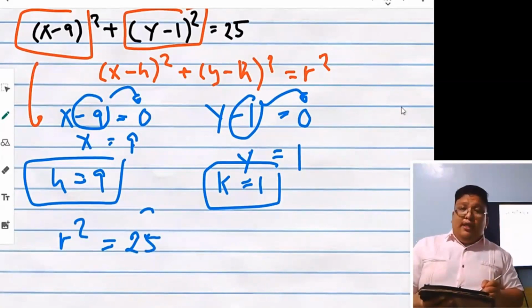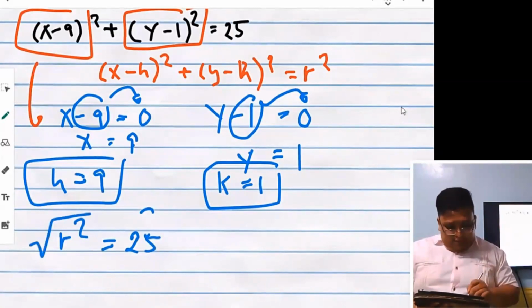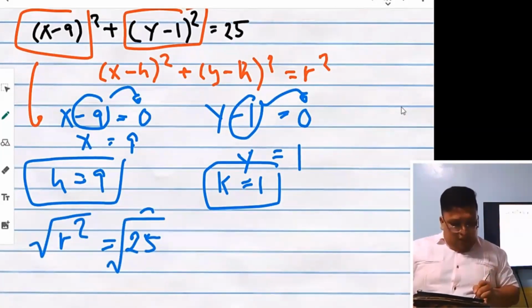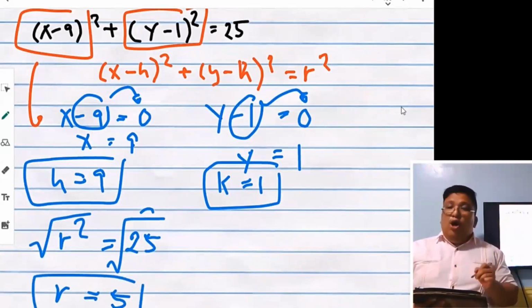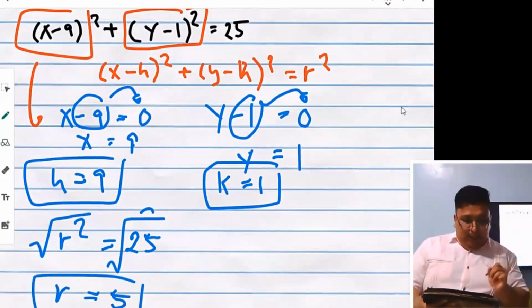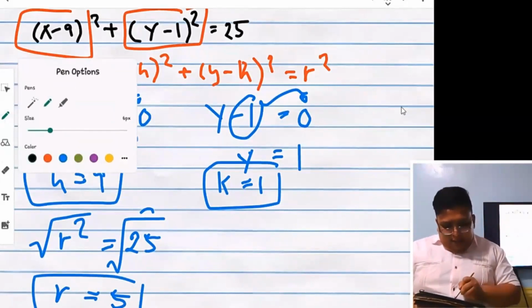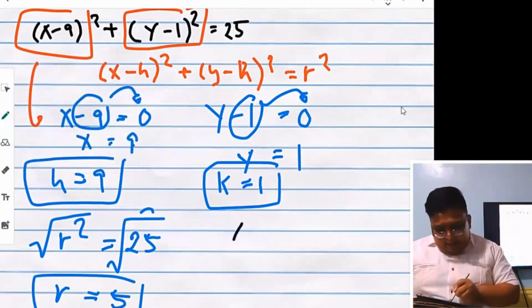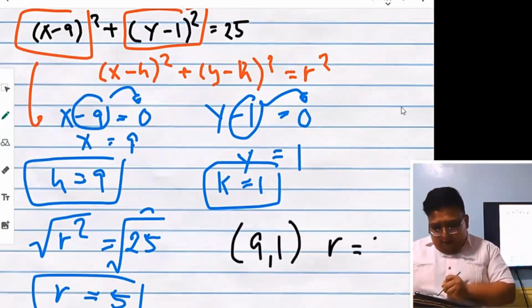Then, in order to eliminate that square, or the power of 2, we're just going to take the square root of both sides. Take the square root, then r is equal to 5. Alright. Therefore, we already have now our center. Our center will be (9, 1), and our radius is equal to 5.